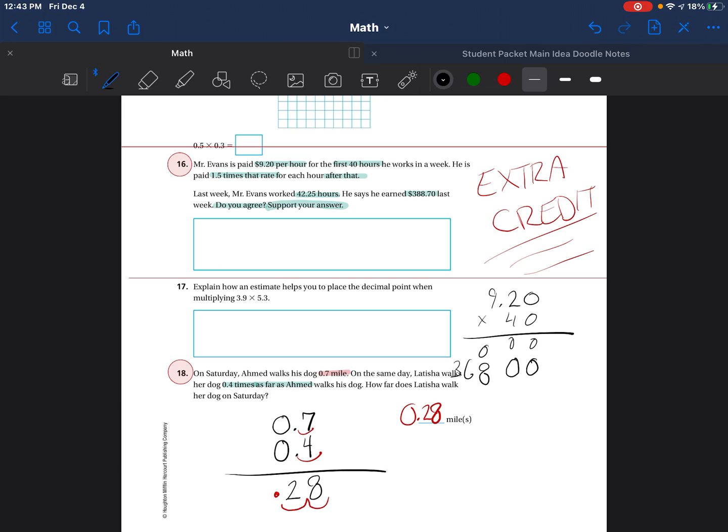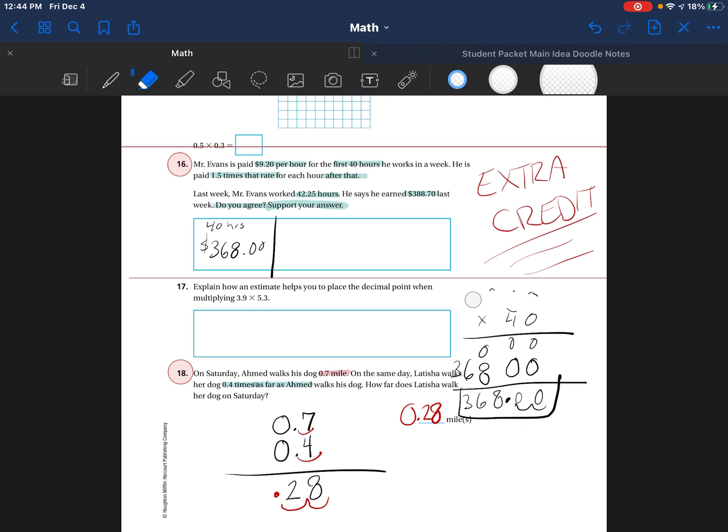And 4 times 9 is 36. So 2 decimal places. 1, 2. 40 hours. And I'm going to just make notes here. 40 hours, he makes $368.